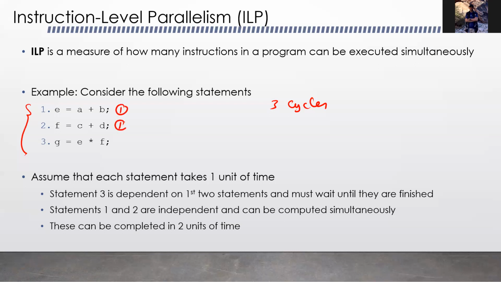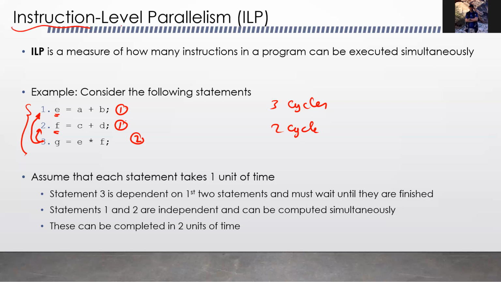At the same time, we can execute this, but the third one is dependent on 2 and 1, because E is equal to A plus B, completely independent from the second instruction, which is F equal to C plus D. But G needs the F value and the E value. So it must wait. So we're going to execute these 2 at the same time. Then in the second cycle, we're going to execute the third instruction. So we use 2 cycles here.